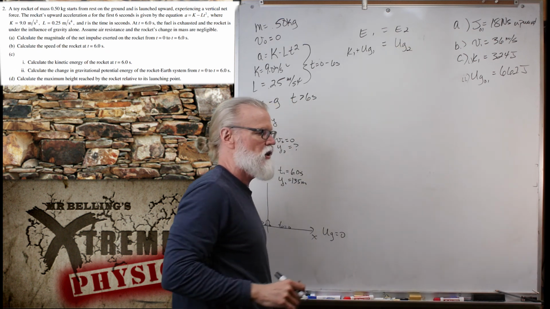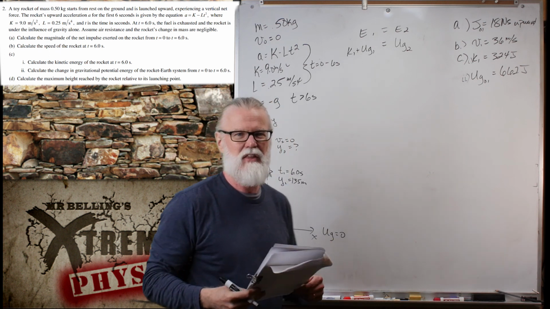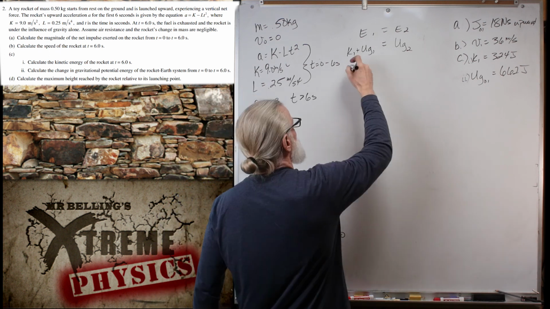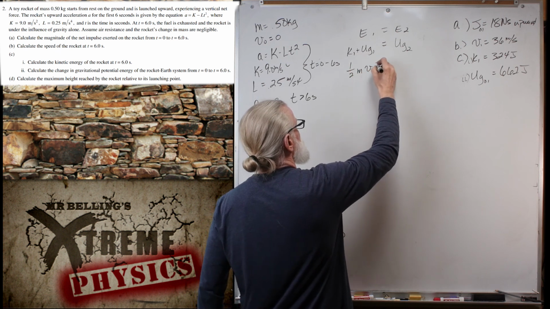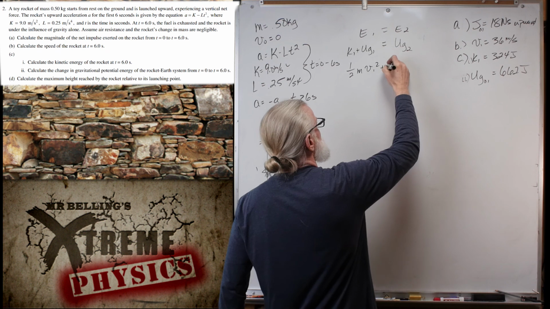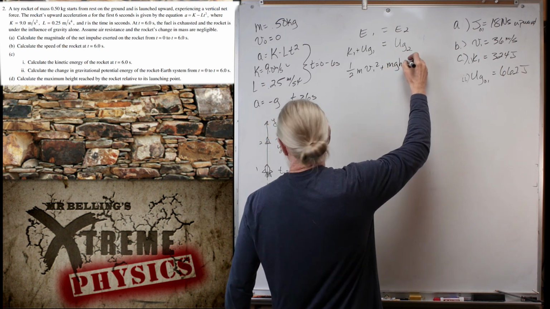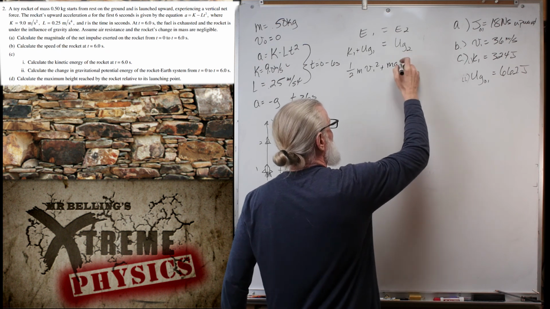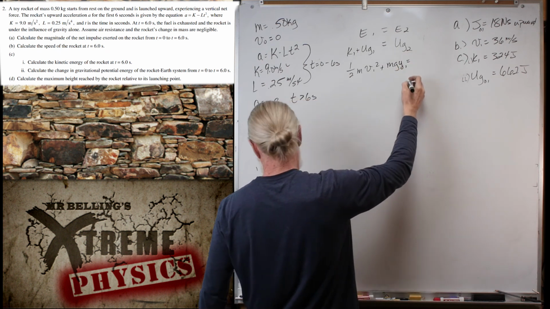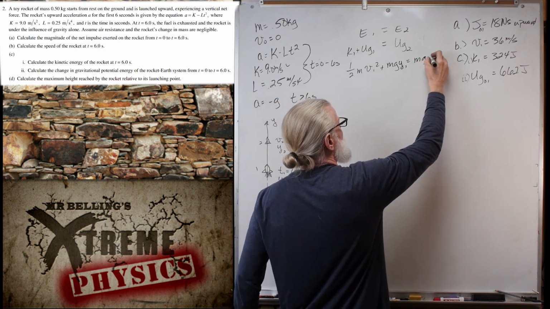And there's no change in thermal energy because they said wind resistance and all that was negligible. So what do we have? We have 1/2 m v1 squared plus m g y1 equals m g y2.